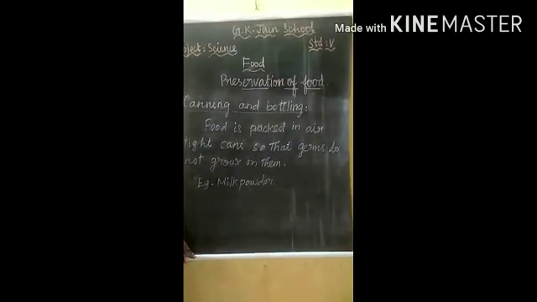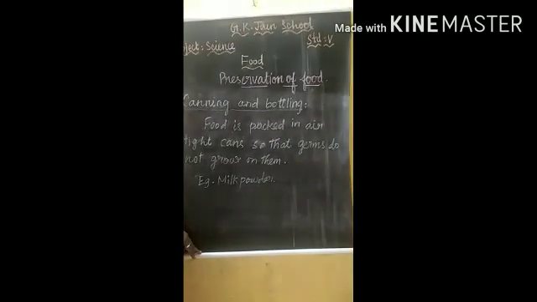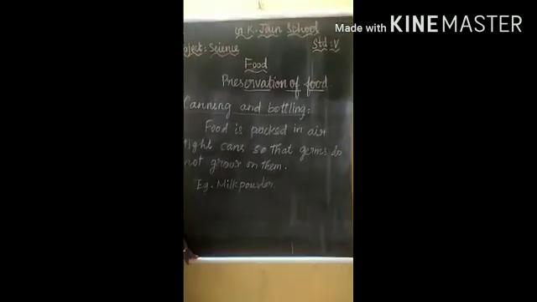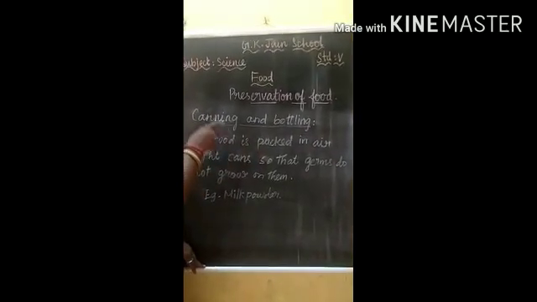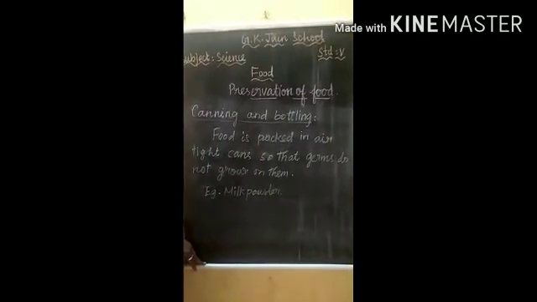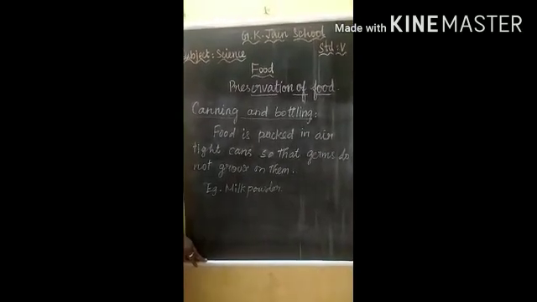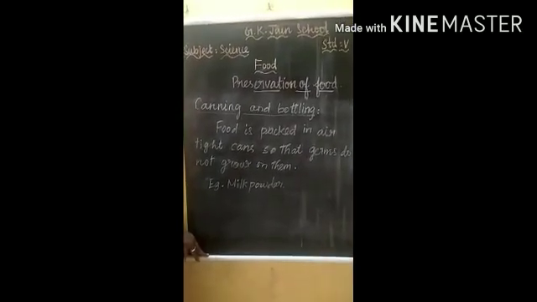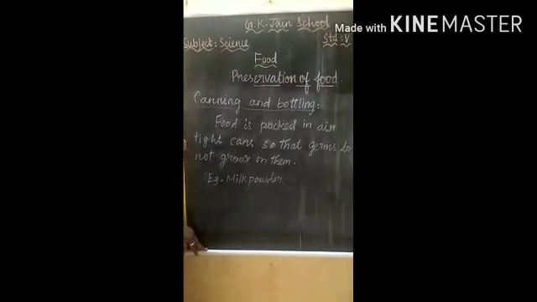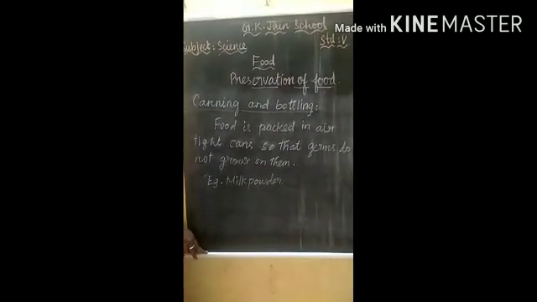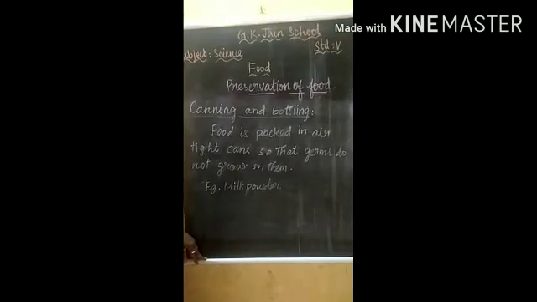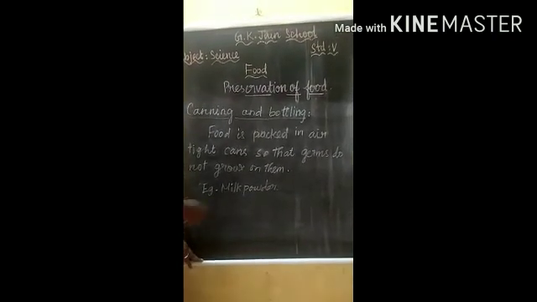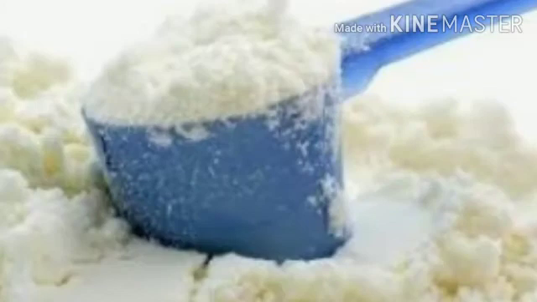There are so many microorganisms present in the air itself, so we pack the food in cans and bottles. That is why we call it an airtight container. When we put the food in an airtight container, it will not get spoiled. We use tins also for this purpose. An example for canning and bottling is milk powder.